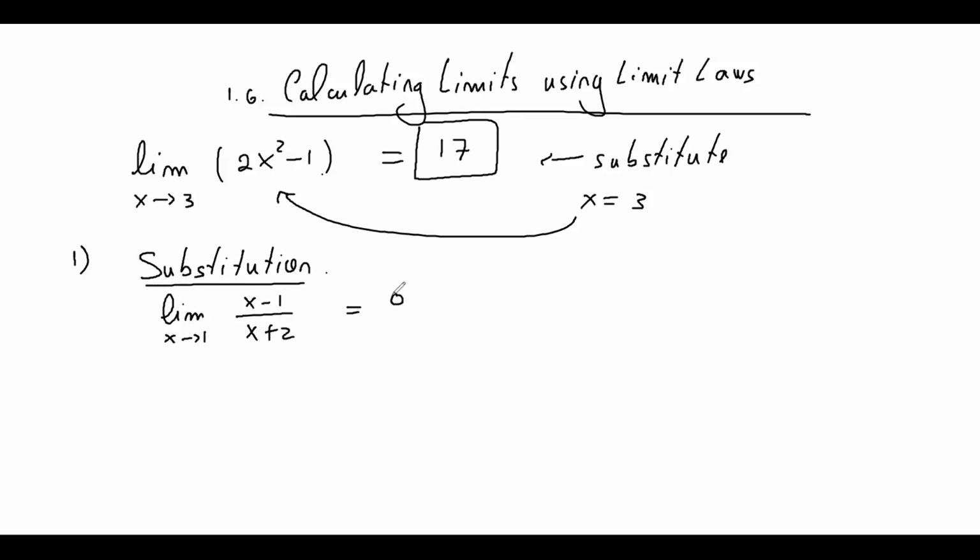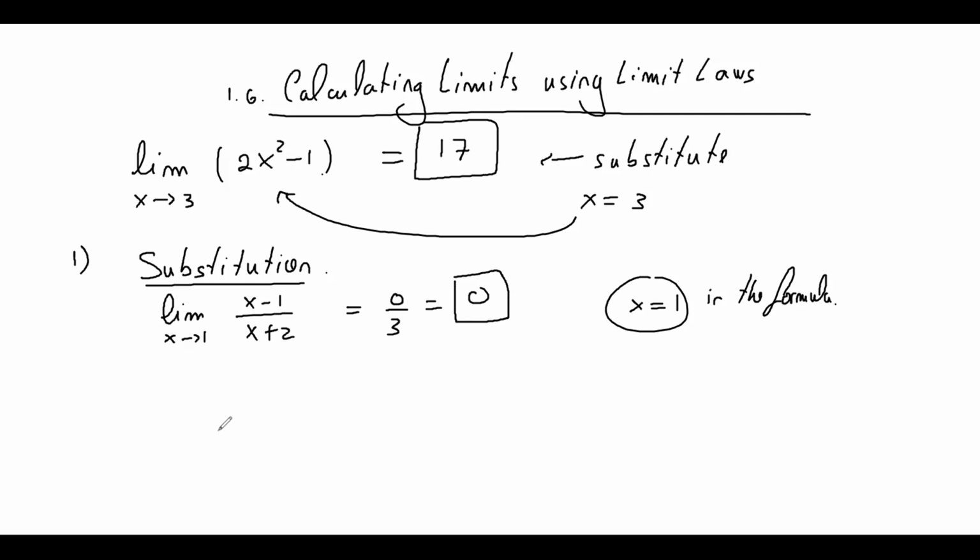So I would get 0 divided by 3, and 0 divided into 3 parts is also 0. So substitution very much works in this case. We basically made x equals 1 in the formula. All right, so that would be our first strategy to calculate limits.